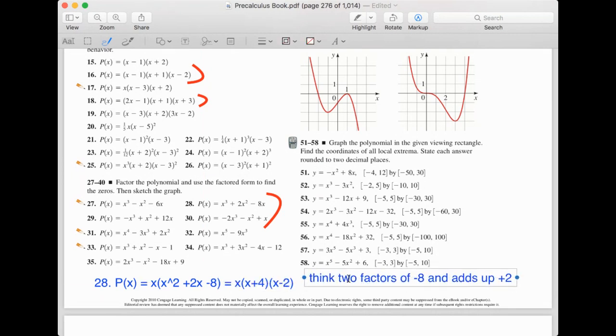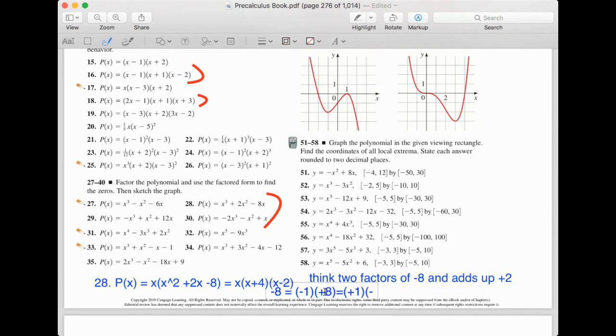So think of two factors of -8. Of course, there are many, right? Let's make a list of factors of -8. Two numbers: -8 equals -1 times +8, equals +1 times -8.